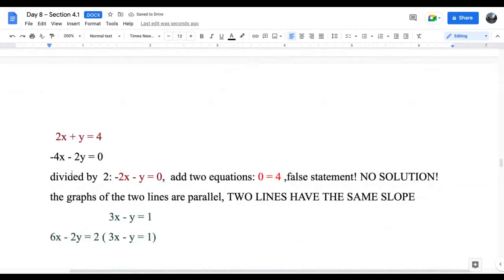Okay, we see the second one can be simplified, right? Because we can divide the second one by 2. If we divide by 2, we get negative 2x minus y equals 0. Then we can add those two equations.